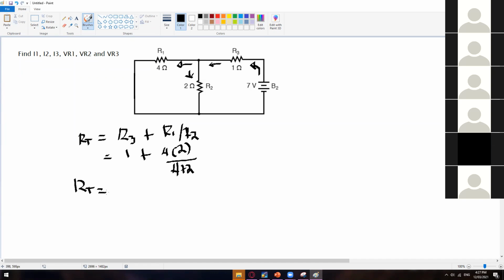So in here, we'll get a 1 plus, and have a result of 2.33. Okay. So while I'm doing this one, try to solve it also on your own and verify my answers if I put the correct answer or not. So did we get the same answer? 2.33 for the R total.